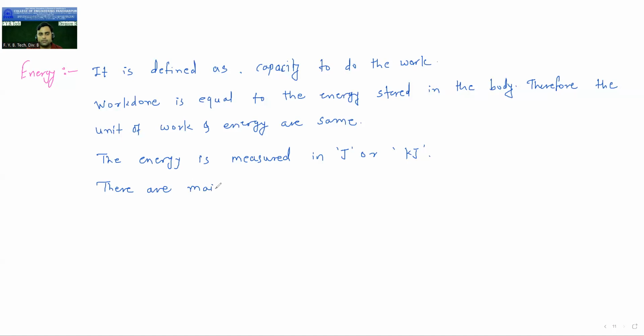There are two main types of energy which are given below.